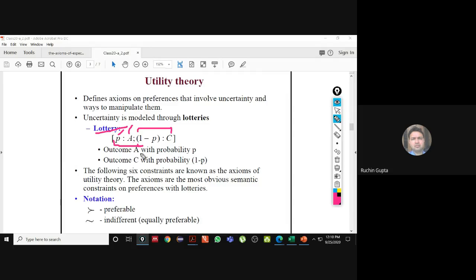Right. So this is written like this: probability P, colon A, comma 1 minus P, C. So if there are two outcomes in a lottery, A and C, if A has the probability P, then C will have the probability 1 minus P.